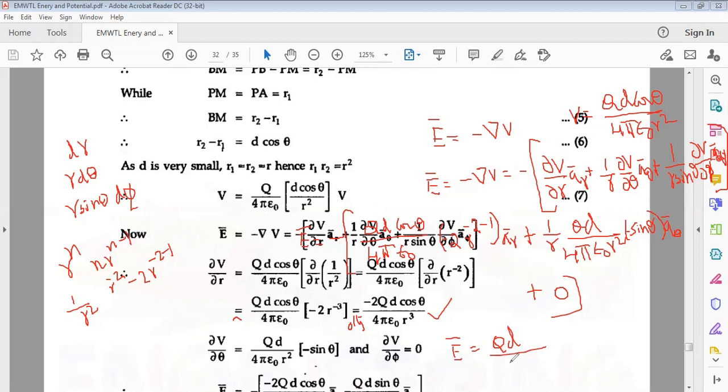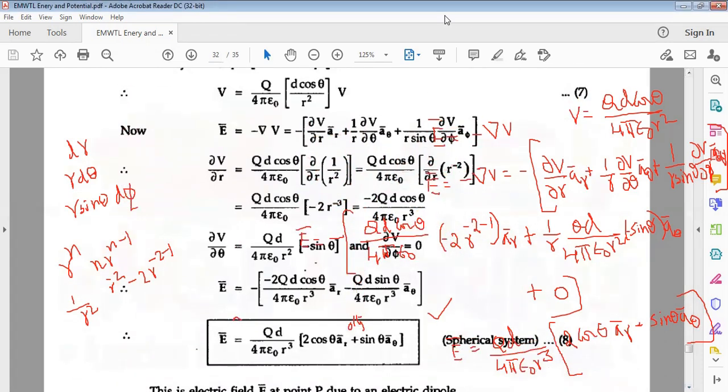Here also r cube is there, 4 pi epsilon naught r cube, whole multiplied with 2 cos theta into a r bar, plus, not plus, here the minus is there, minus qd by 4 pi epsilon naught, r into r is r cube, and sin theta, minus sin theta a theta bar, not a phi bar, is the final equation for the electric field intensity in the dipole.